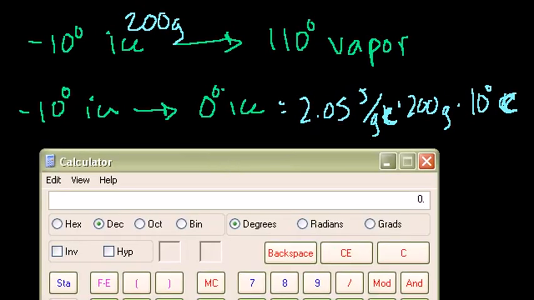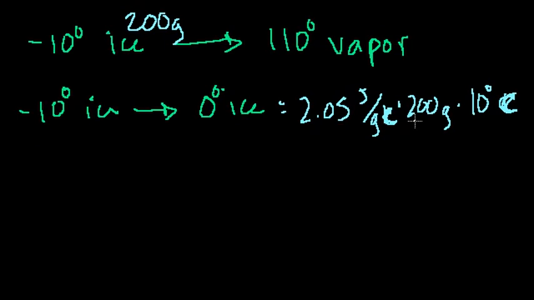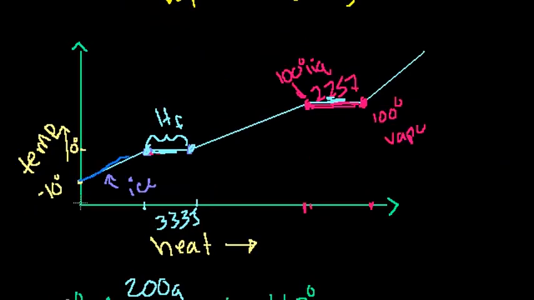Get the calculator. 2.05 times 200 times 10 is equal to 4,100 joules. Fair enough. So what we've done is just this part right here. This distance right here is 4,100 joules.